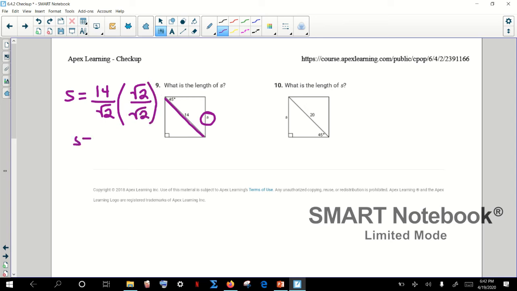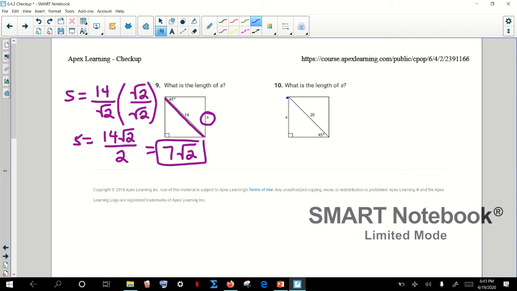In that case, S is equal to, in the numerator, 14 square root of 2. And in the denominator, what's square root of 2 times square root of 2? It's just 2. One more step of simplifying. What's 14 divided by 2? That's 7. And then I still have to tack on that square root of 2. So that's the length of S in this case. That's probably the trickiest one that you'll see, when you have the hypotenuse and you have to divide by square root of 2. That's definitely the most tricky part of a 45, 45, 90 triangle.